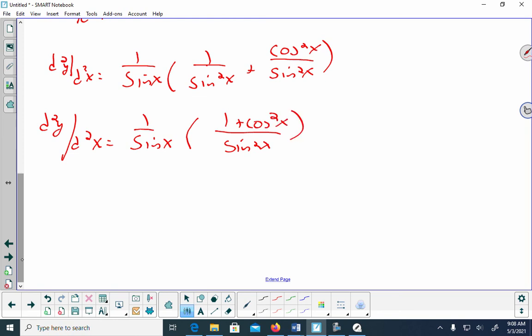I almost fell into that trap. And then I'm going to have 1 plus cosine squared x over sine cubed x, and that is my derivative. It has to be 1 minus sine squared to make cosine squared. That's what I was trying to do, and I knew I was wrong.